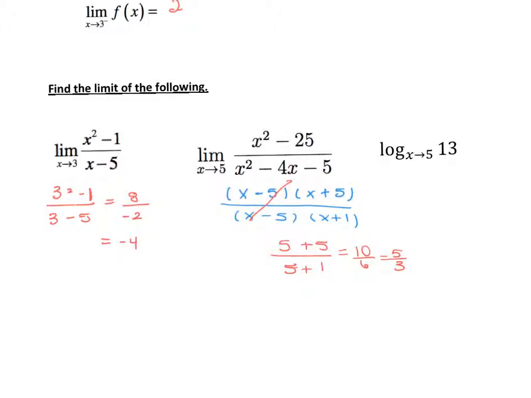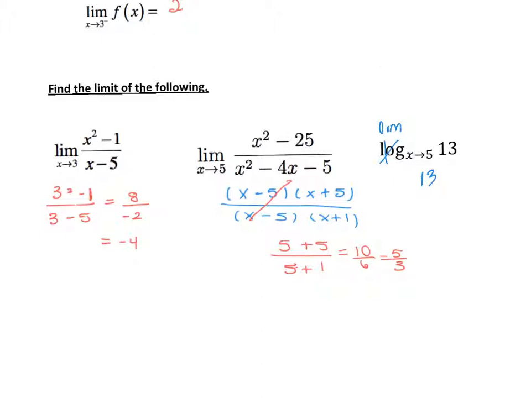All right, so this should say limit. I put log. The limit as x approaches 5 of 13. Well, anytime you have a constant, it's just a horizontal line, and the y value for something like y equals 13 is always 13, no matter what your x is, right? So your limit here is just 13.